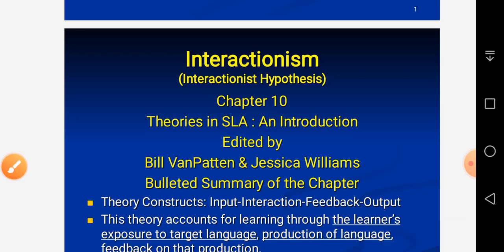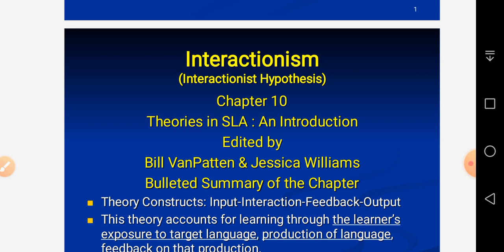I'll further talk about this theory, but I wanted you to get warmed up to this topic. Earlier you learnt about behaviorism, and then you learned about mentalism, that is the innateness theory, and now you have been introduced to interactionism.